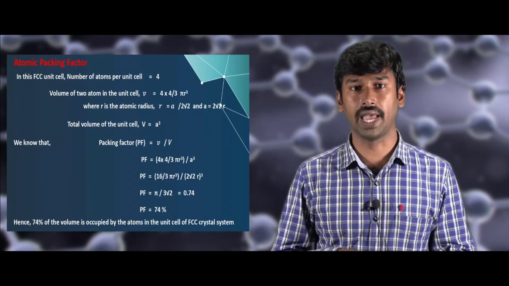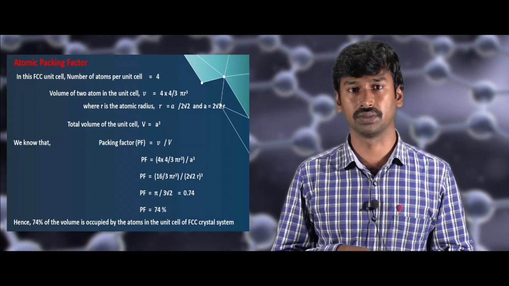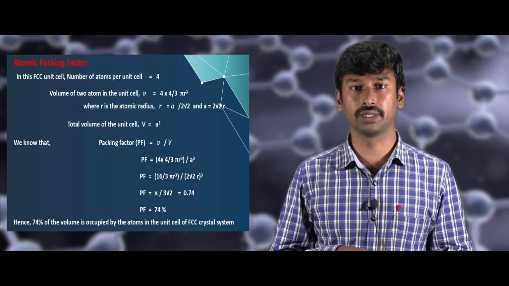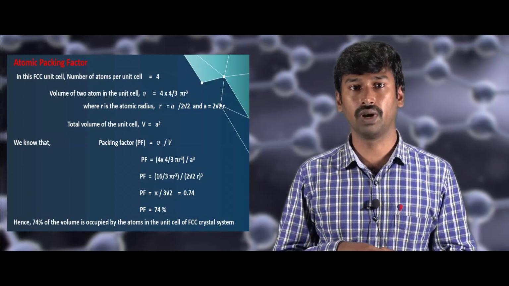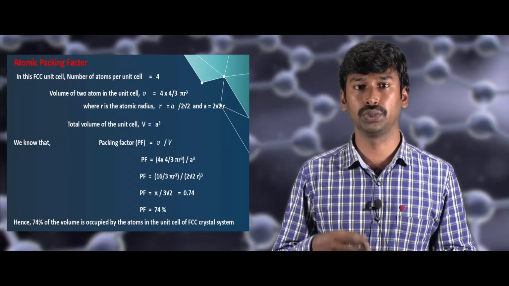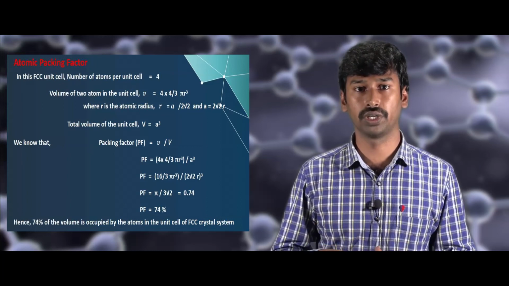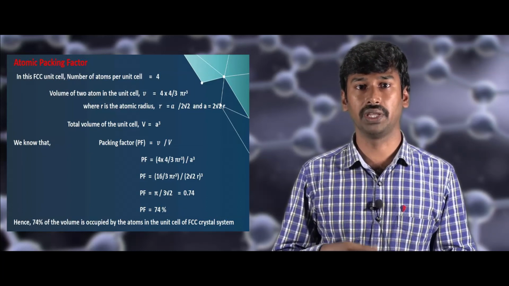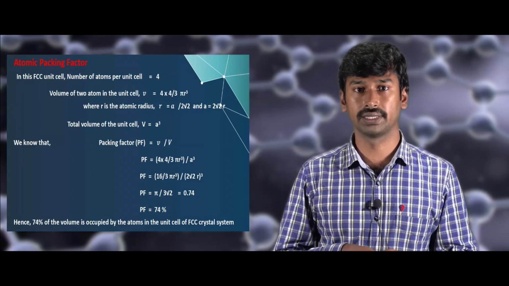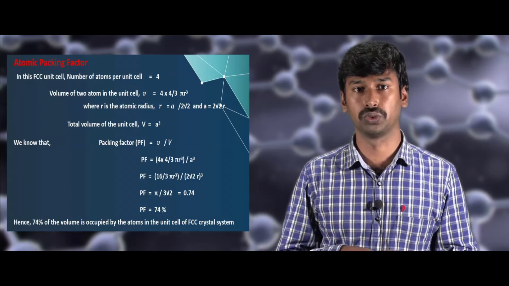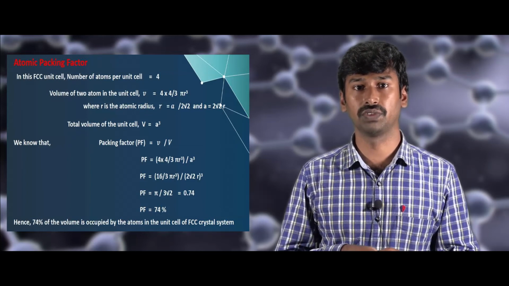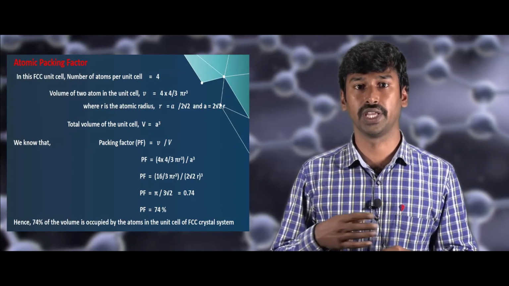Now we see the packing factor for this FCC system. Here the number of atoms per unit cell for this FCC system is 4. Then the volume of 4 atoms in the unit cell is given by 4 into 4 by 3 pi r cube, where r is the atomic radius, which is given by a by 2 root 2. Then the total volume of the unit cell is given by a cube.